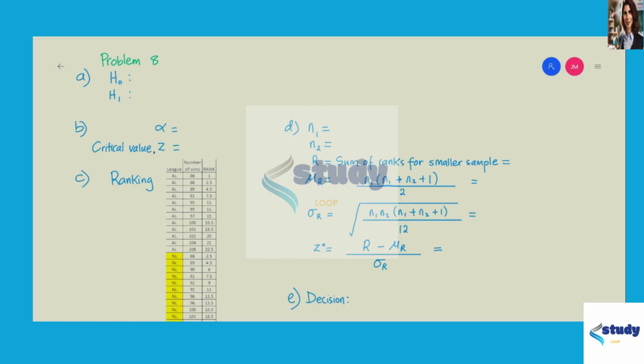So the first step is to state the null hypothesis, then get the critical values, rank the data, then work out the value of Z to make a decision whether to reject or fail to reject the null hypothesis. So in our case, the null hypothesis H naught is that there is no difference in the number of wins.